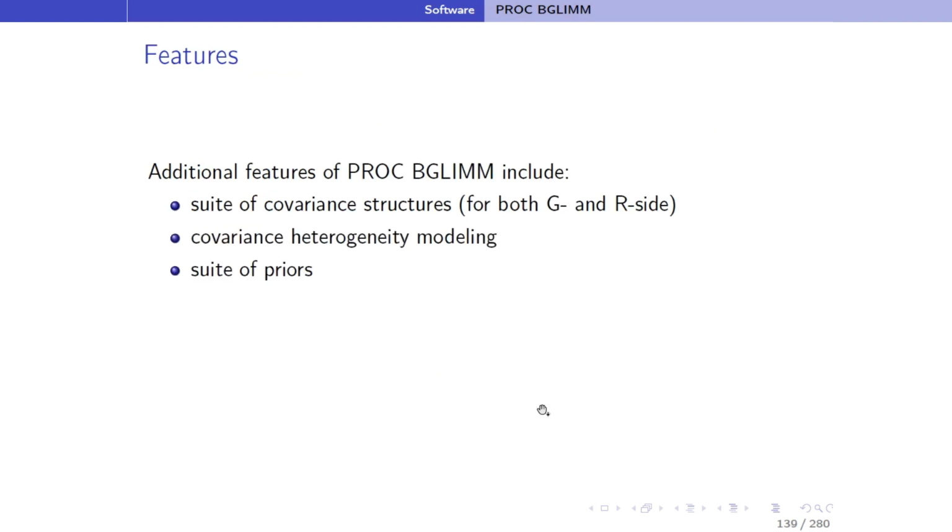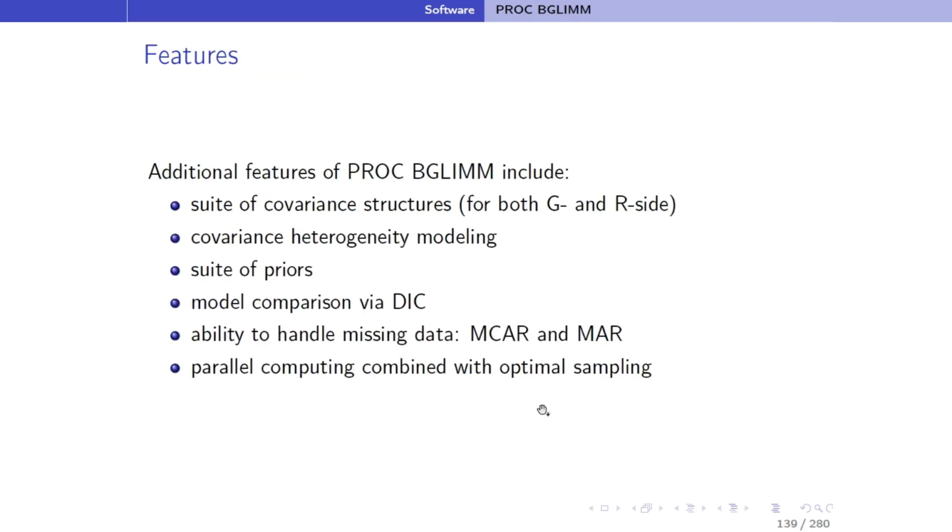There are some additional features of BGLIMM. There are a lot of covariance structures, maybe 13 of them, for both G side and R side. Because you have the R side, you can do repeated measurements, and it supports balanced and unbalanced samples.